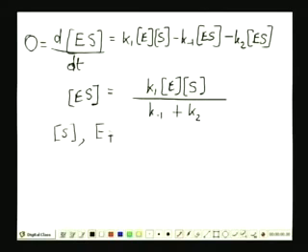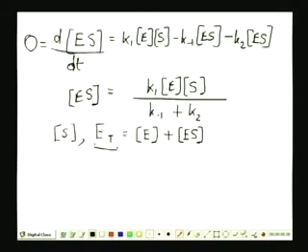Now, at any time t, the total enzyme concentration is going to be whatever free enzyme is left plus whatever has formed the enzyme substrate complex, because the enzyme cannot go anywhere else. It either is free or it has formed an enzyme substrate complex, right? So, that is what our ET amounts to.